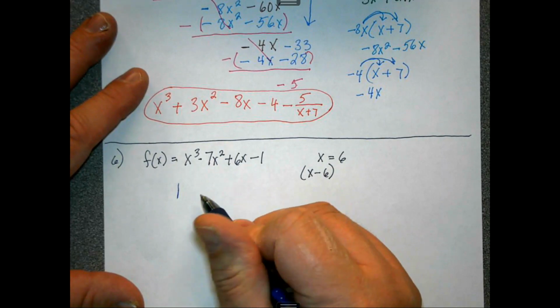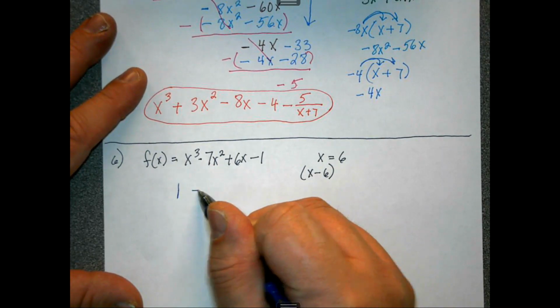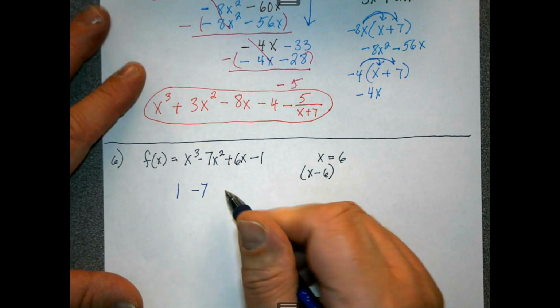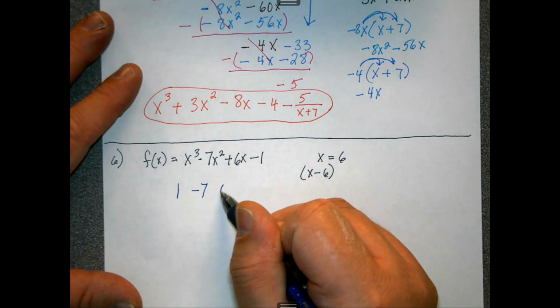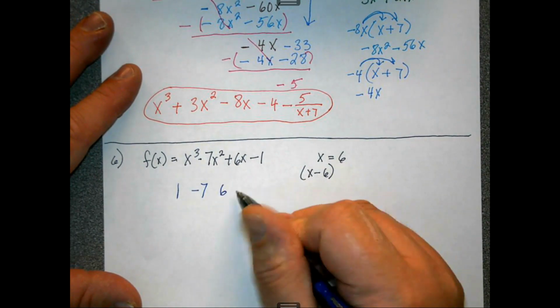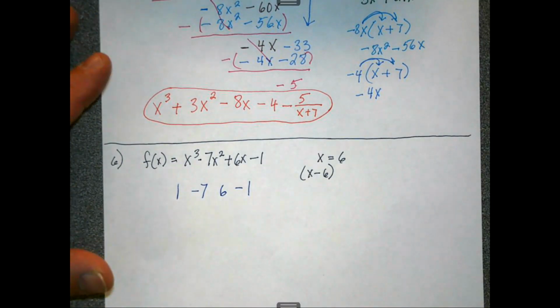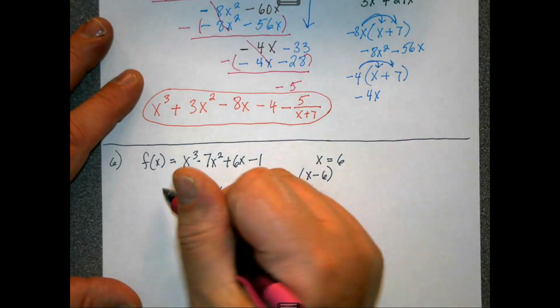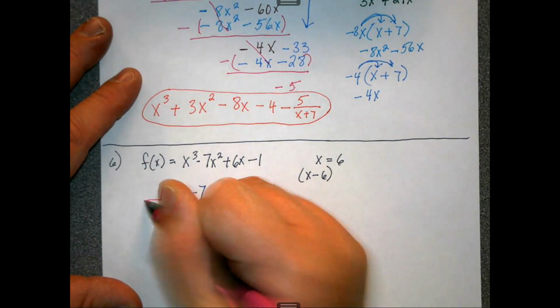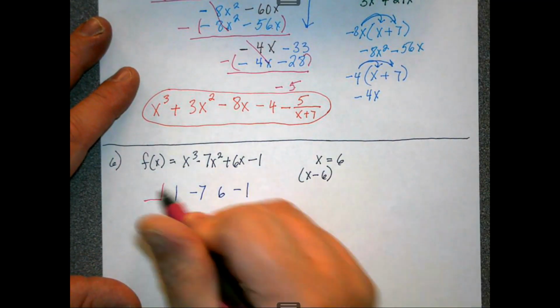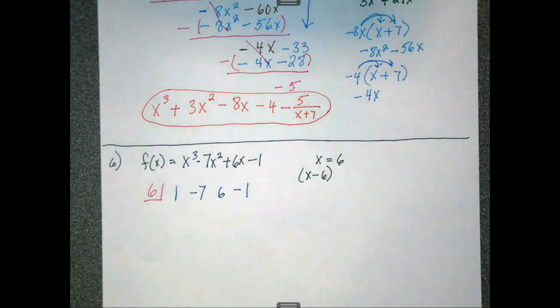Coefficient of x squared, negative 7. Coefficient of x to the first. And my constant. My divisor for synthetic, I need the 6. It may or may not be a 0. We'll see.